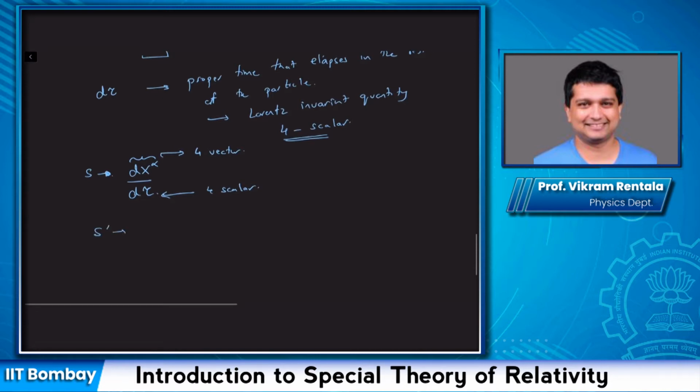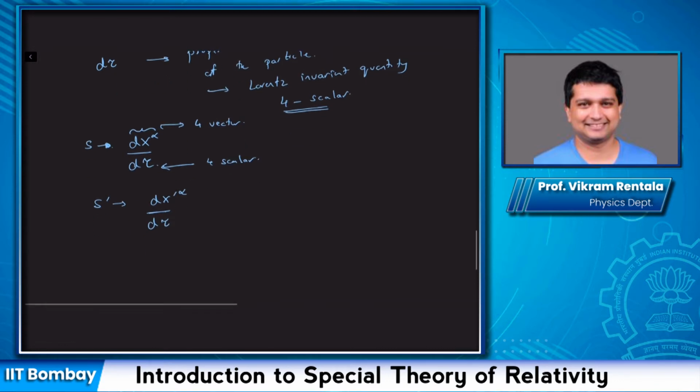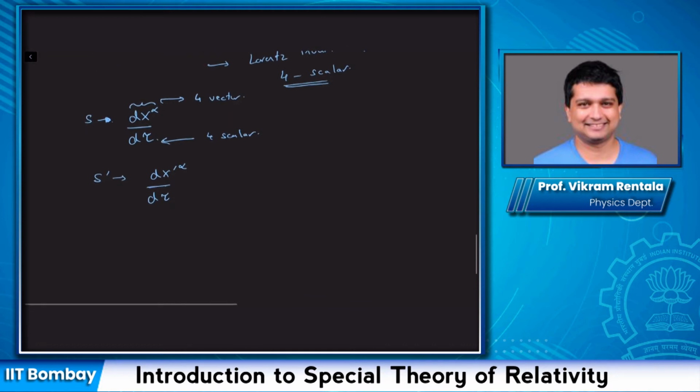The transformation of d tau is trivial, it doesn't change, and therefore the entire quantity transforms as a 4 vector. So what that means is, if I calculate this in frame S, the corresponding quantity in frame S prime, which would be its displacement 4 vector in the frame S prime divided by d tau, and d tau is the same, it doesn't change.